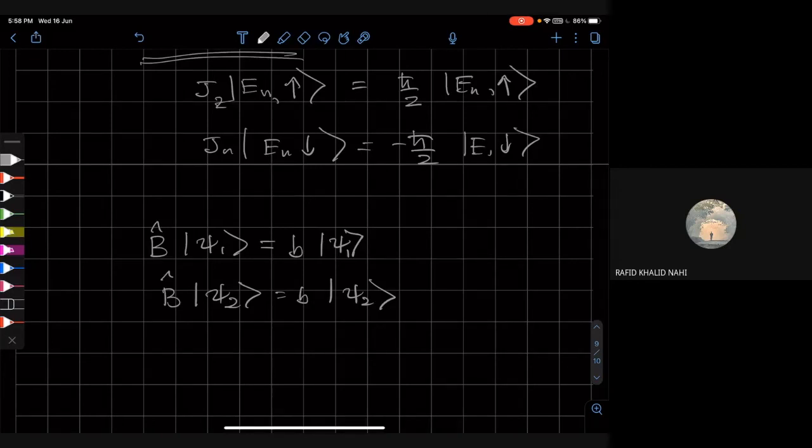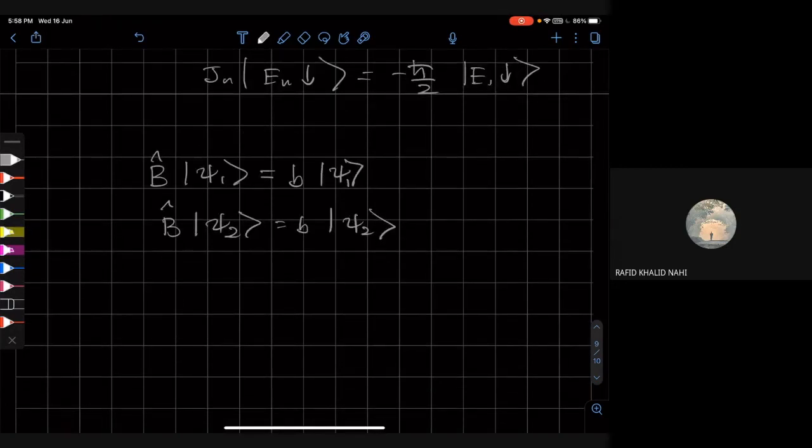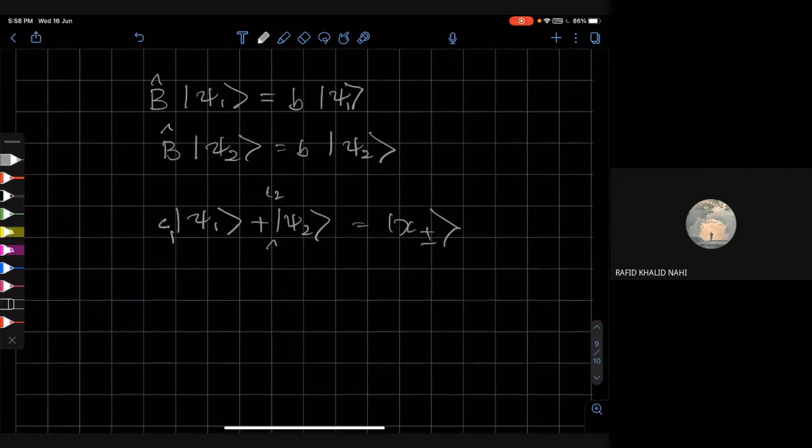Now it turns out that in such situations you can always take a linear combination of psi 1 and psi 2, say C1, C2 being the coefficients of the linear combination, so you get chi plus and chi minus, such that chi plus and chi minus belong to different eigenvalues of A, and therefore chi plus and chi minus are orthogonal. Okay, so that's a subtlety that we will encounter down the road, but we don't have to worry about those things now.